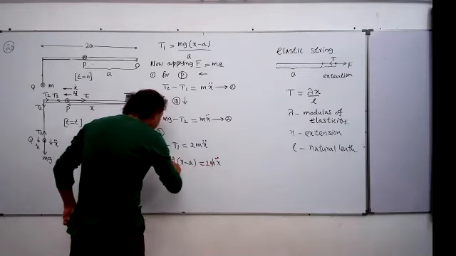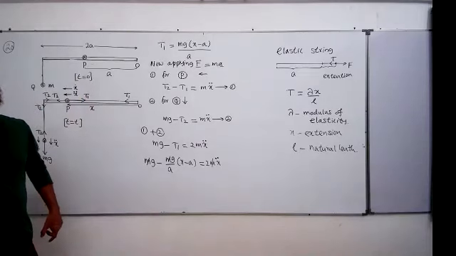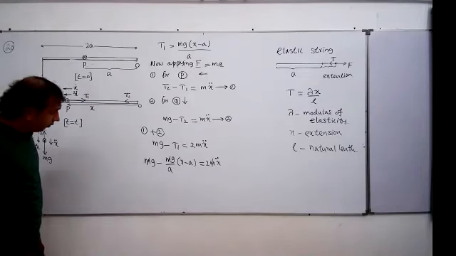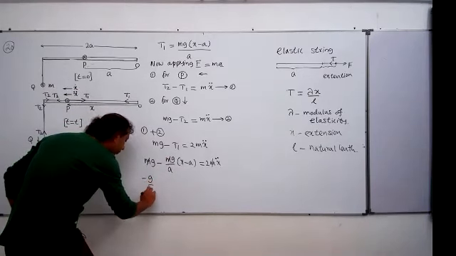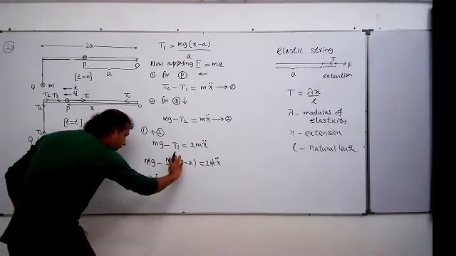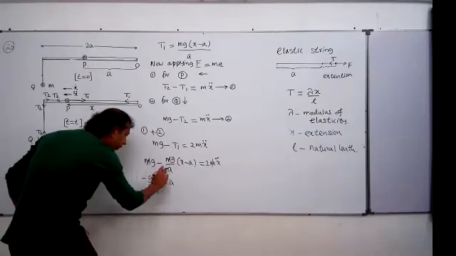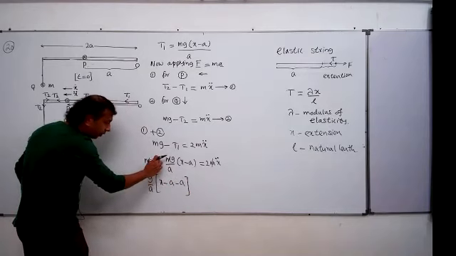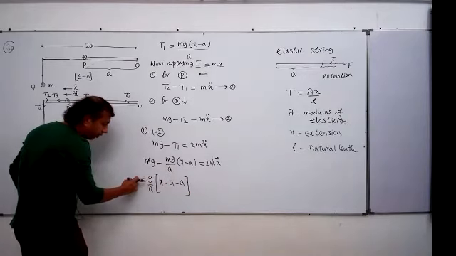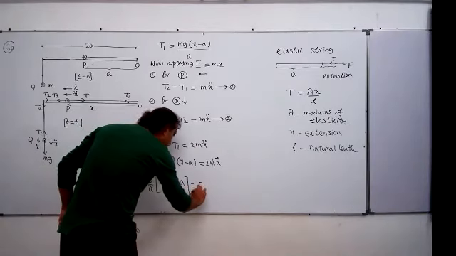Cancel down this m. So then we can take minus g by a out. When you take minus g by a out, here we get x minus a, and here, g by a with the minus sign out, another minus a will be remaining there. Equals 2 x double dot.